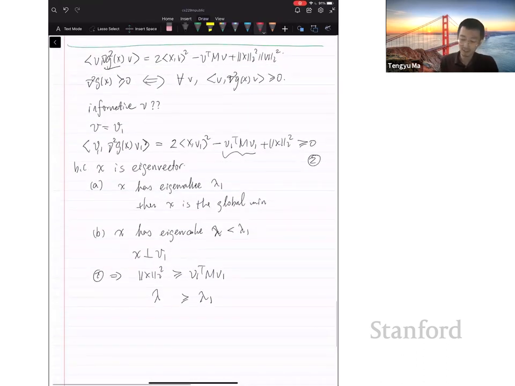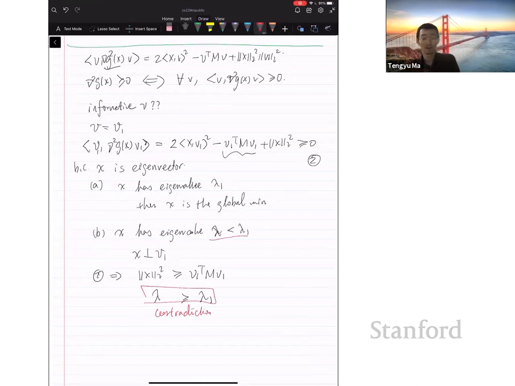So basically, we have lambda is bigger than lambda 1, and we have a contradiction, because this is contradictory with the assumption that lambda is less than lambda 1, right?